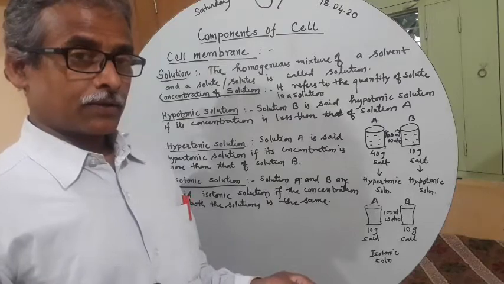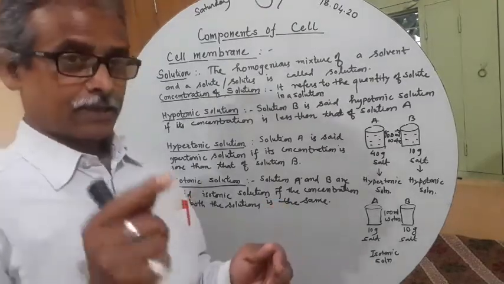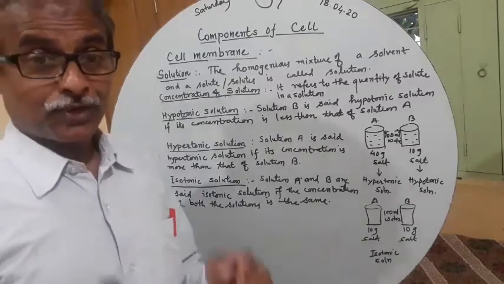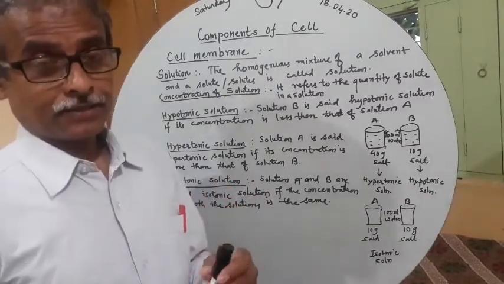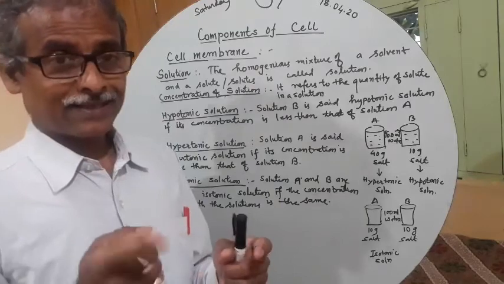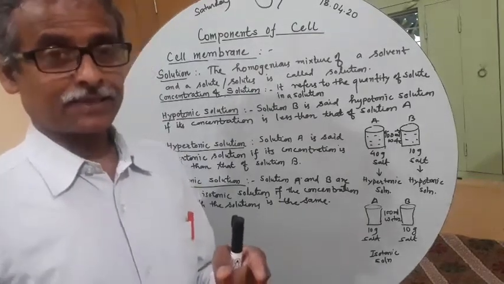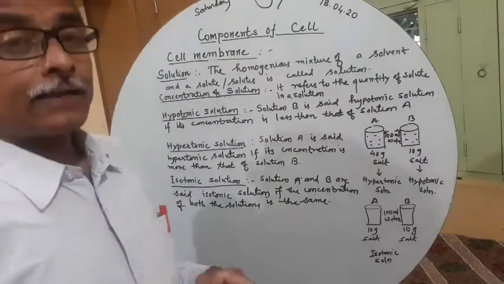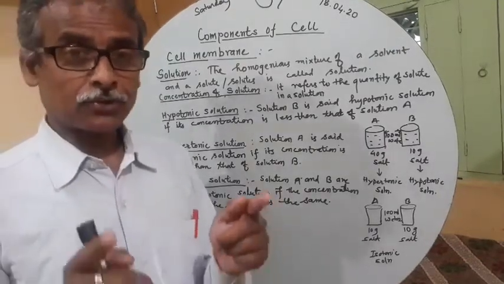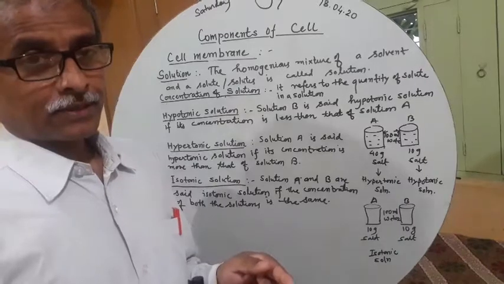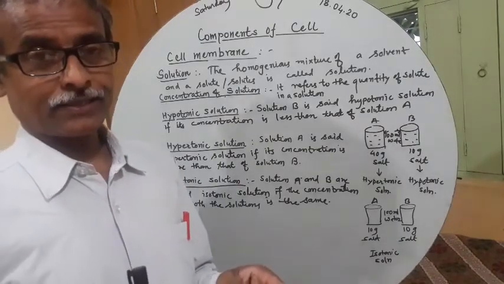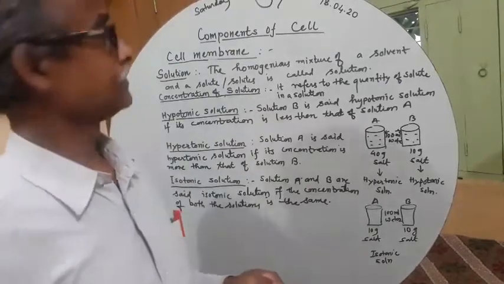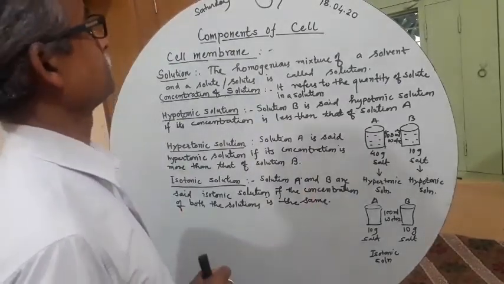We use a term, concentration. When we think about concentration, always remember that this concentration is always of a solution, and concentration of solution depends upon the percentage of solute dissolved in it.